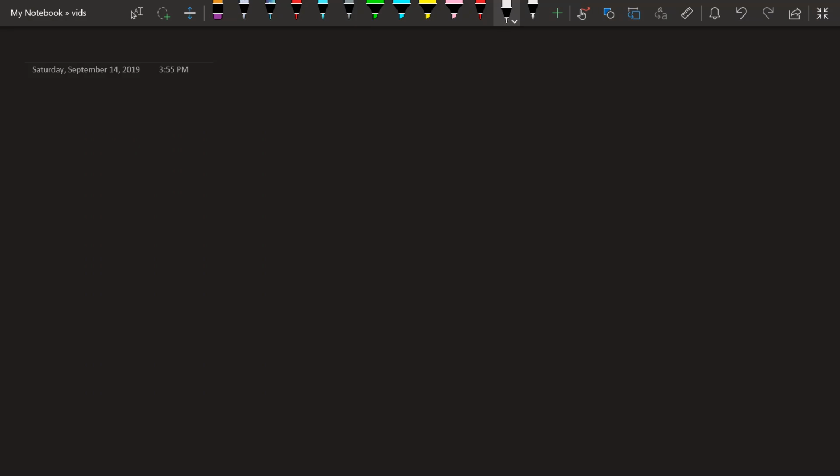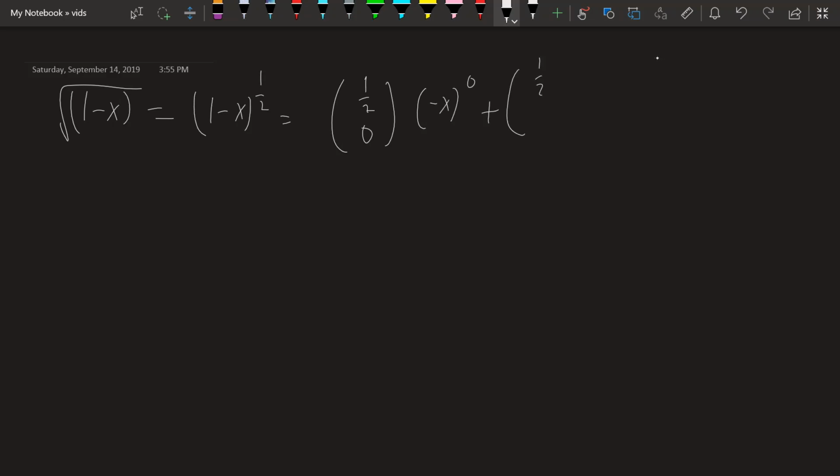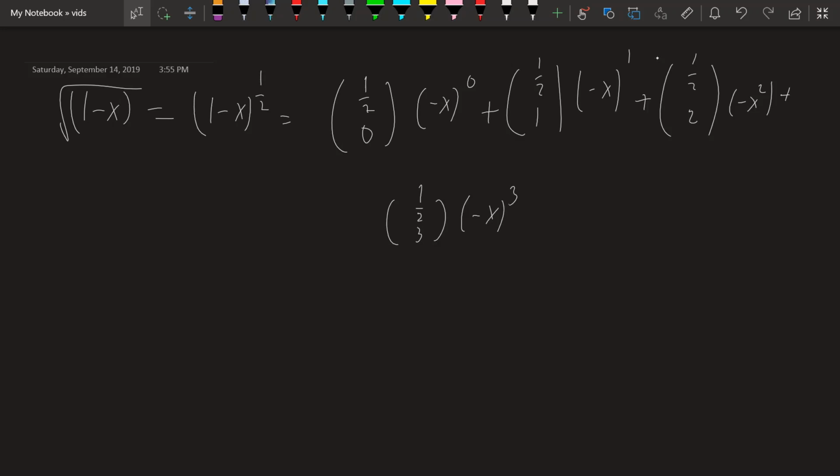Activity 3, number 1. They're telling you to use the binomial theorem to expand the square root of 1 minus x. We can rewrite this as 1 minus x raised to the power of half. Using the binomial theorem, it's going to be half choose 0 times minus x to the power of 0, plus half choose 1 times minus x to the power of 1, plus half choose 2 times minus x to the power of 2, plus half choose 3 times minus x to the power of 3.